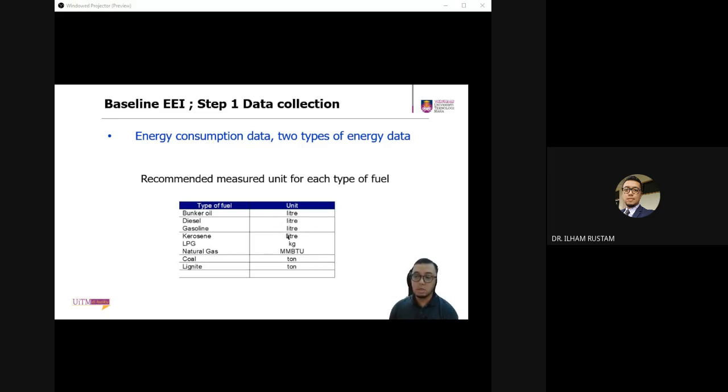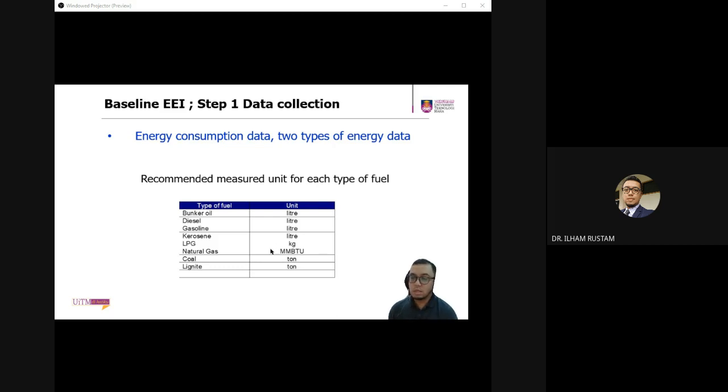It is measured in liters. Except for natural gas and also LPG. For the physical form like liquid, but for coal and lignite, I'm not sure. I haven't had a chance to explore or interface with lignite, but coal typically is something like wood, coal, so it will be measured in tons.